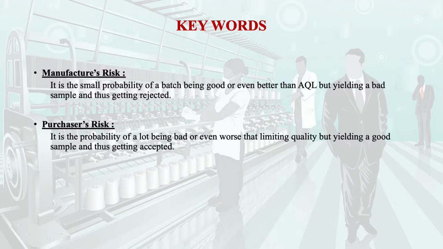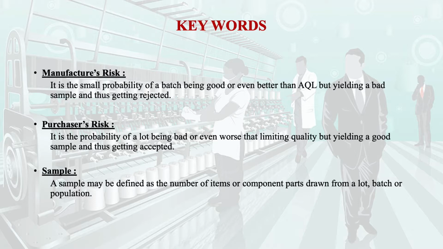Purchaser risk is defined as the probability of a lot being bad, or even worse than LTPD, but yielding a good sample, thus getting a chance of being accepted. These are the two terms which are very common. One is producer risk or manufacturer risk, and the other is purchaser risk or consumer risk.